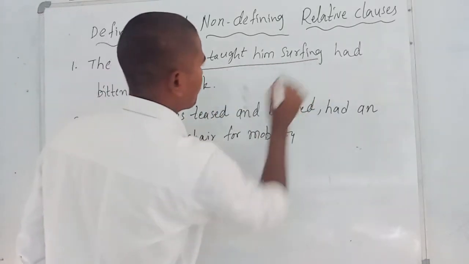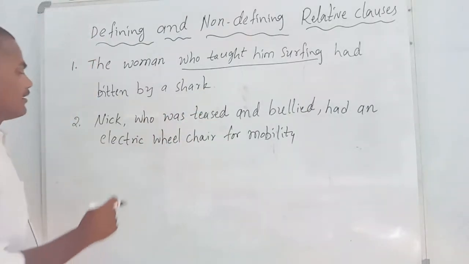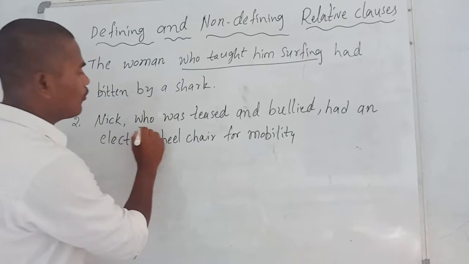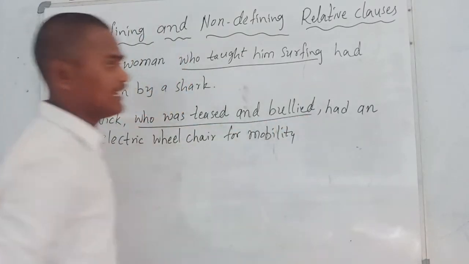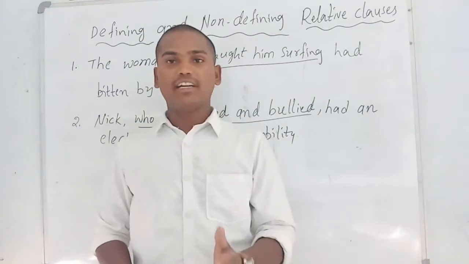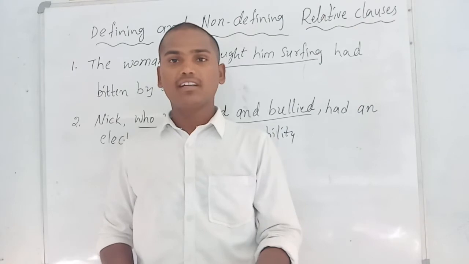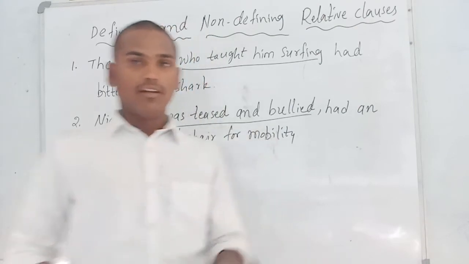"Who taught him surfing" is underlined in the first example, and in the second example, "who was teased and bullied." Now we are going to learn the difference between defining and non-defining relative clauses. So please concentrate to learn them.